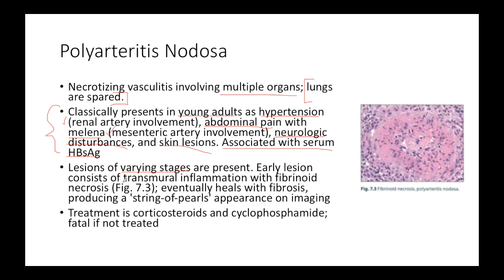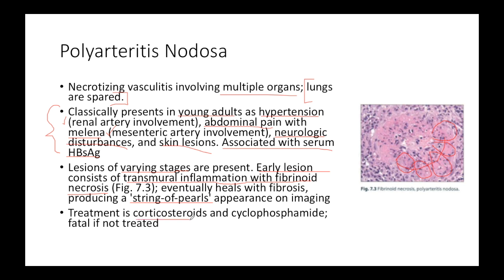Usually early lesions will consist of transmural inflammation with fibrinoid necrosis. So you can see the inflammation going on within here, occurring with this fibrosis that's healing, that'll produce this string of pearls appearance. You connect these, and you've got a nice little string of pearls.